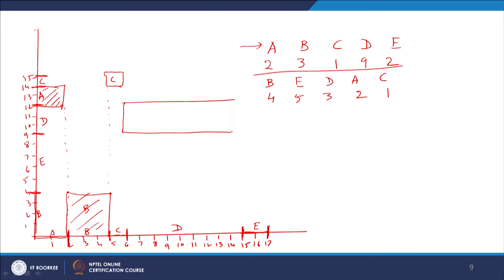Actually, if you draw it on the graph paper, it will become easy. So, this is the D, actually it should be right up to here, and then comes the E. So, where is E? E is over here. This is our E.